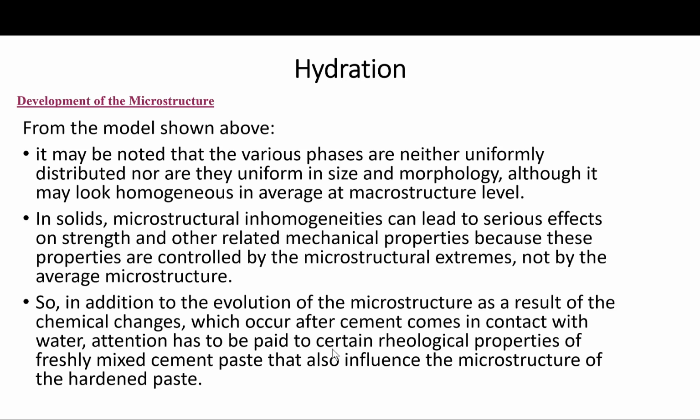So other than the chemical changes that take place, we have to be aware of the other physical aspects, especially the rheological properties, and we make sure we have a uniformly, densely packed microstructure to remove the potential of the microstructural extremes from the hydrated cement paste.